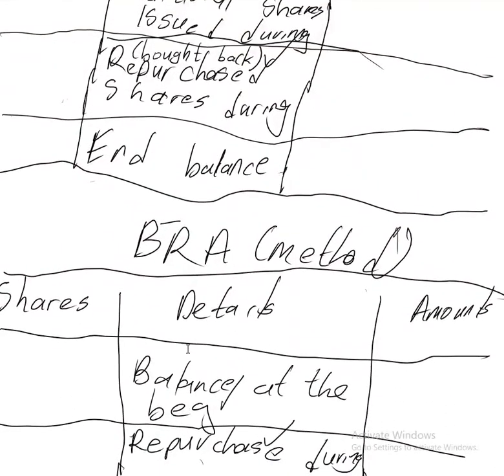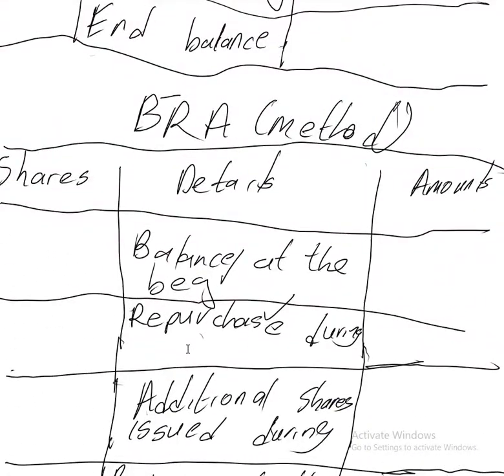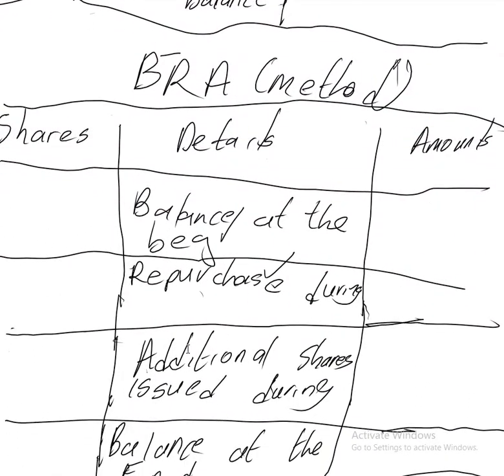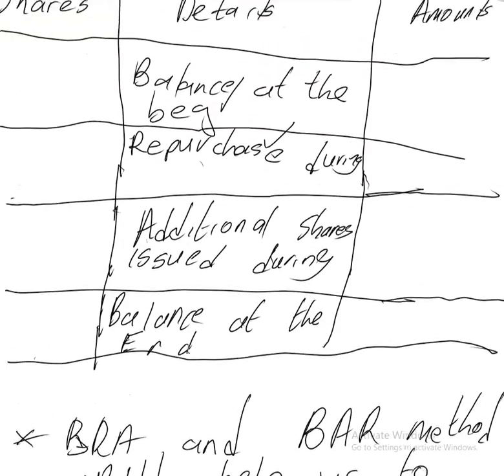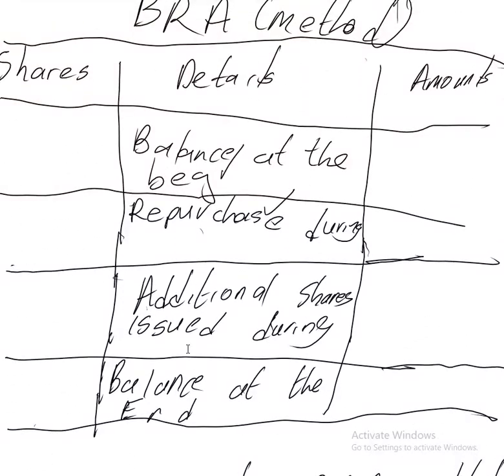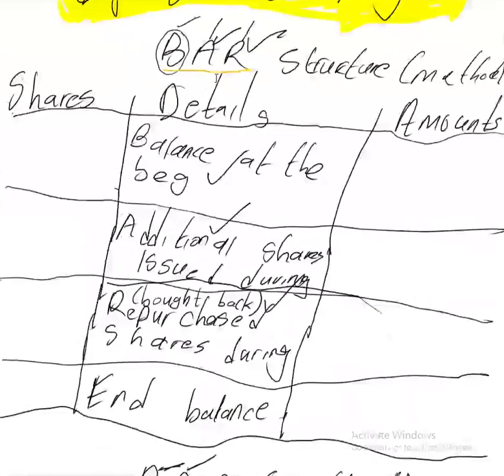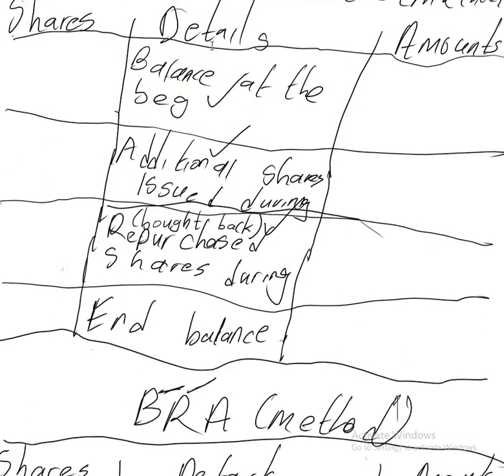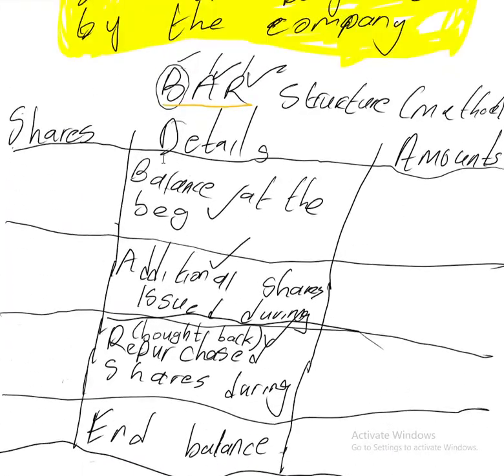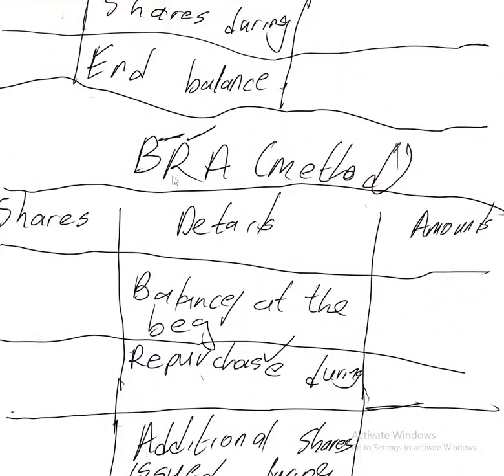Now here we also have the BRA method or the BRA structure. So for the BRA method, the B doesn't change, it still stands for the same thing. This is the balance at the beginning. This now has changed to be the repurchase. In the beginning here, it was additions that followed the B, but now it's a repurchase that follows the B, right?